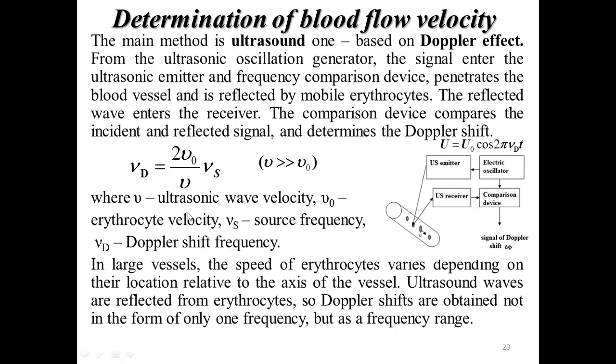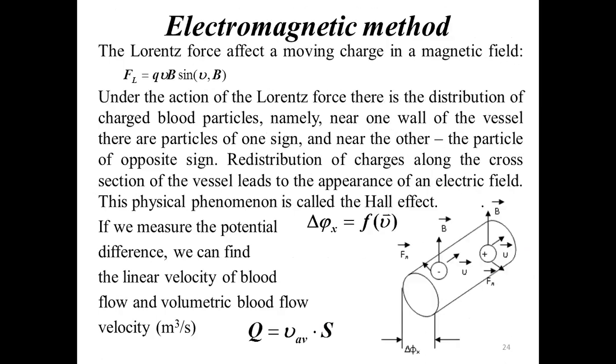In large vessels, the speed of erythrocytes varies depending on their location relative to the axis of the vessel. Ultrasound waves are reflected from erythrocytes, so Doppler shifts are obtained not in the form of only one frequency, but as a frequency range. Another method for determining blood velocity we call the electromagnetic method.